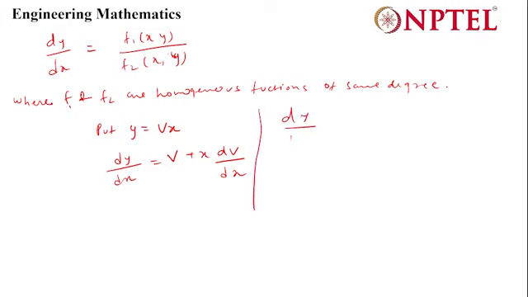dy by dx is equal to x cube multiplied by y divided by x cube plus y cube.